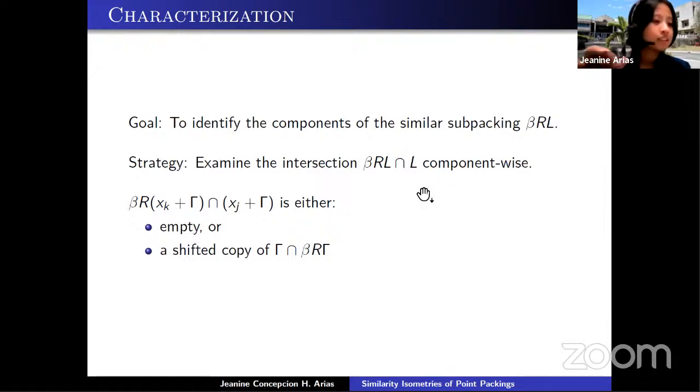In other words, we want to examine the intersection of a component of beta RL with a component of L and check all possible non-empty intersections. It turns out that such an intersection is either empty or just a shifted copy of the intersection of gamma and beta R gamma, where gamma is the generating lattice of L.